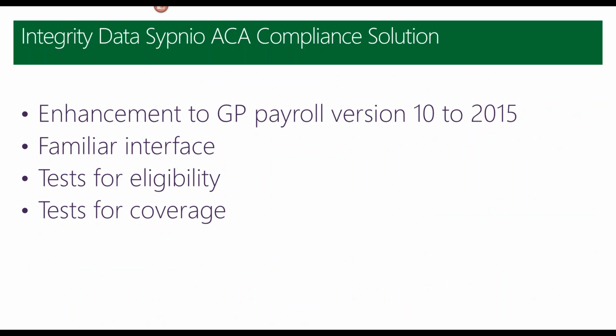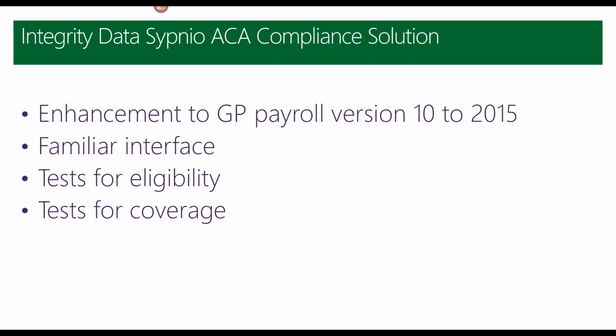Integrity Data has a product called SIP Neo. Here again, it works with GP versions 10 through 2015. It's a familiar interface, where Green Shades is more outside the system. Integrity Data is within the GP interface, and I'll show you their screenshots in a minute.